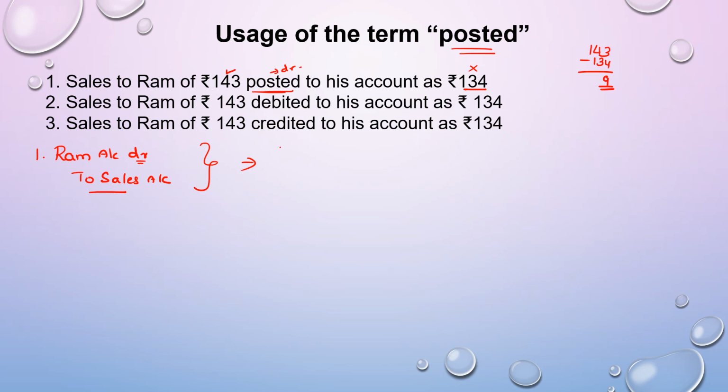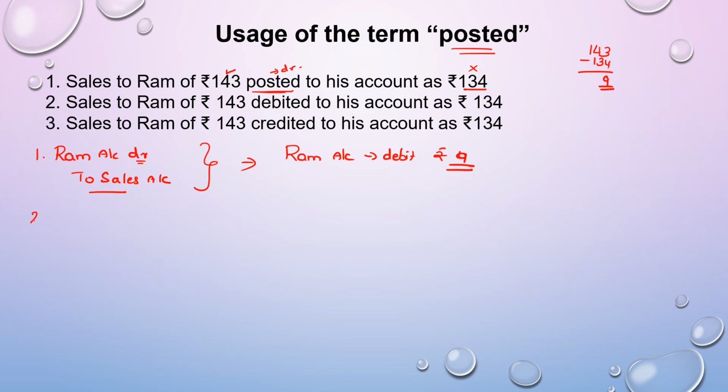You have to debit Ram's account by rupees 9 to rectify this particular error, so that 134 is increased by 9 to become 143. So what I wanted to highlight was when they say posted, it has gone to the correct side. In this case, Ram should have been debited, so it has gone to the debit side only.